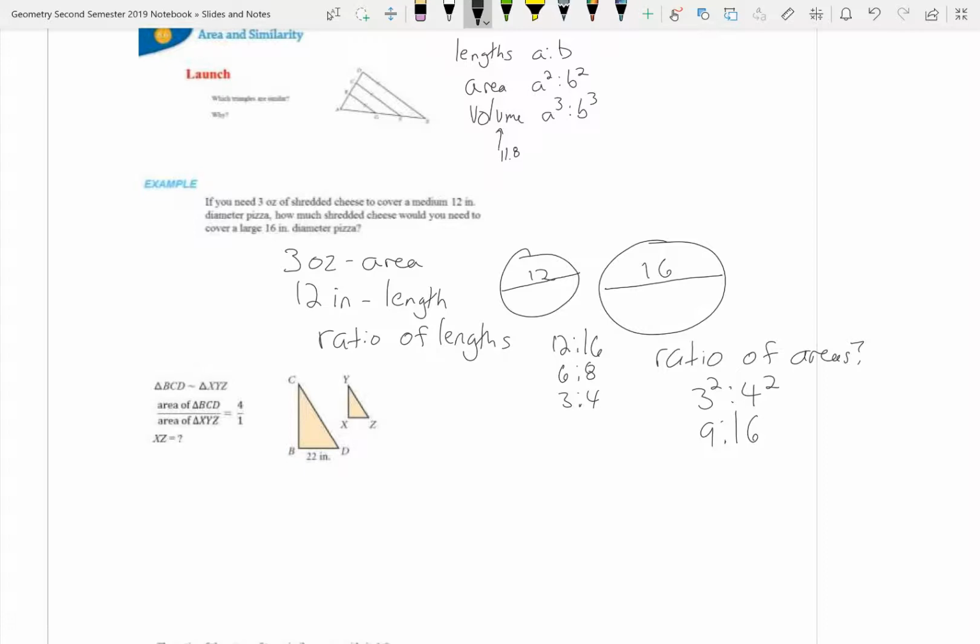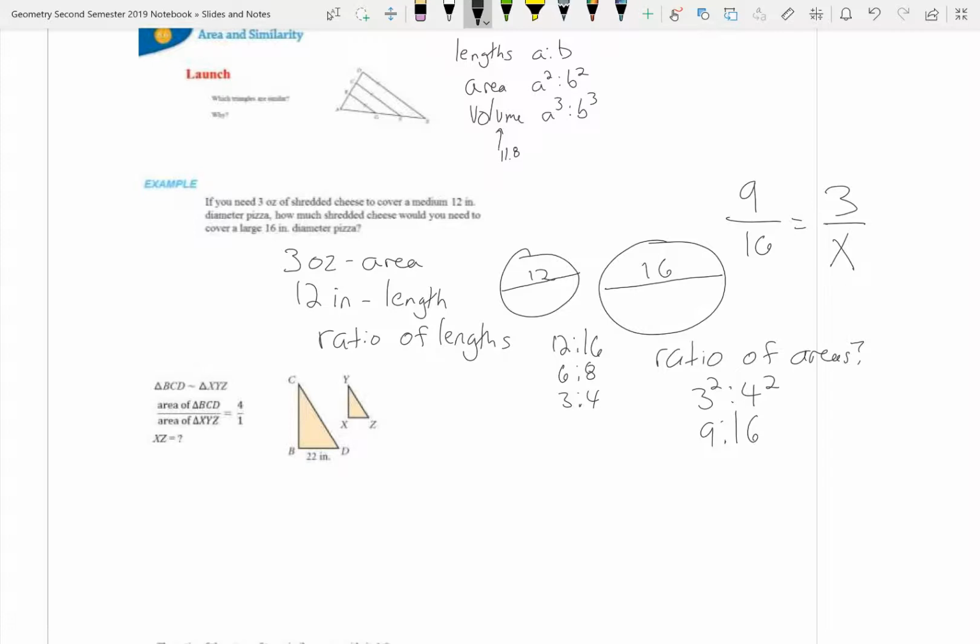If I have 3 ounces of cheese to cover the medium, how many ounces will I need to cover the large? That's going to involve setting up a proportion. The 3 will go on top because it corresponds to the 9, the smaller area, and then x will go on the bottom.